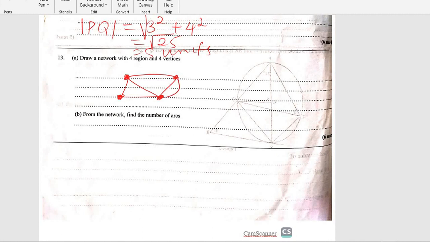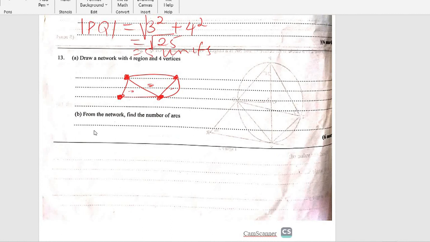So you see that this is already a network having 1, 2, 3 plus the external. That makes 4 regions. I hope you are okay. These are the nodes or the vertices: 1, 2, 3, 4. Now the regions bounded by these lines: this is the first region, this is another region, this is another region.